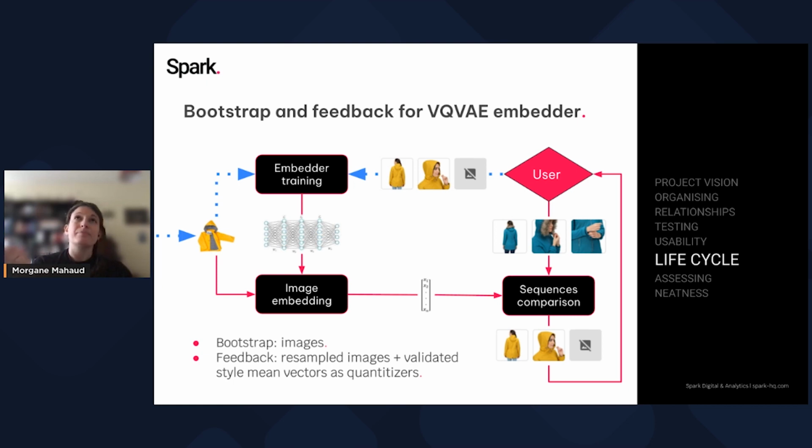It's basically an autoencoder that uses discrete vectors as a base. And that was the feedback loop. We also had another feedback loop coming from new images from the brands that we also feed into the embedder.